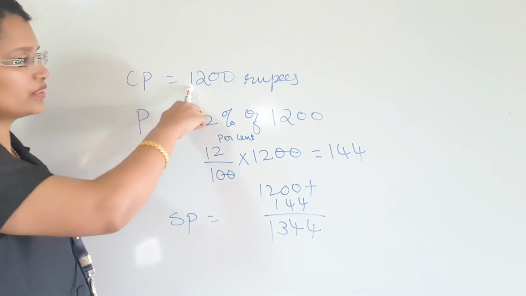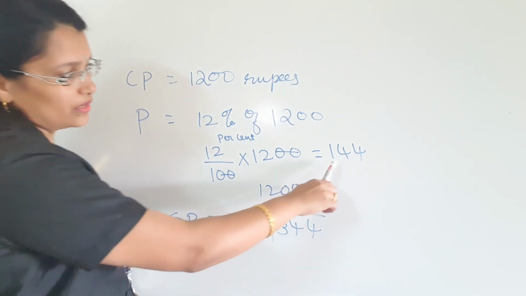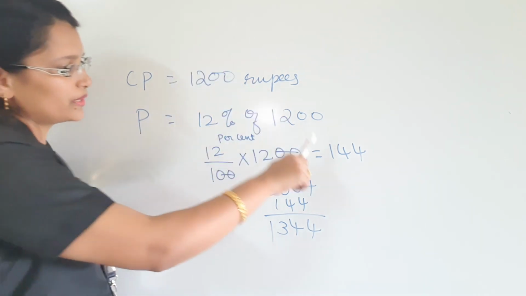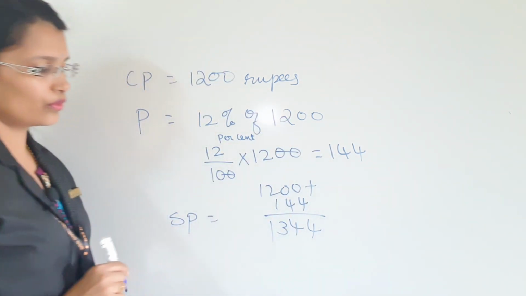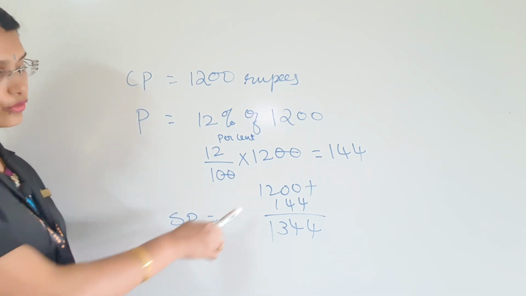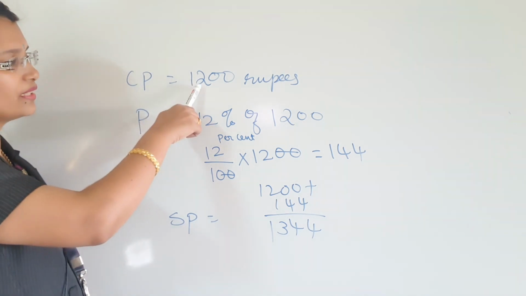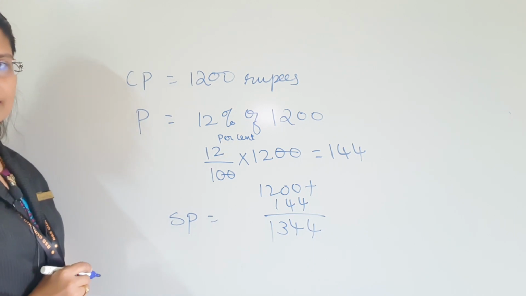So cost price is equal to 1200. His profit is 144. Then his selling price is equal to cost price plus profit, that is 1200 plus 144 is equal to 1344. Don't forget to add this. Understood? Then only he will get more money than his cost price.